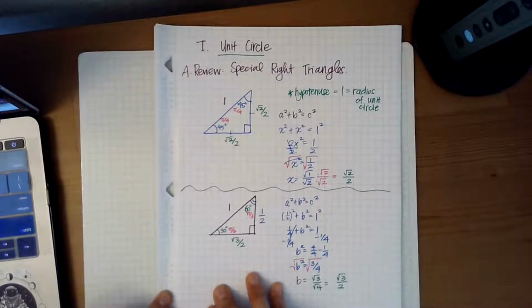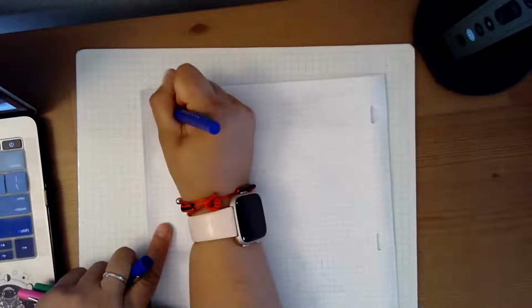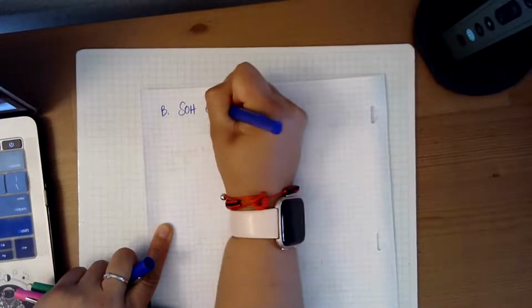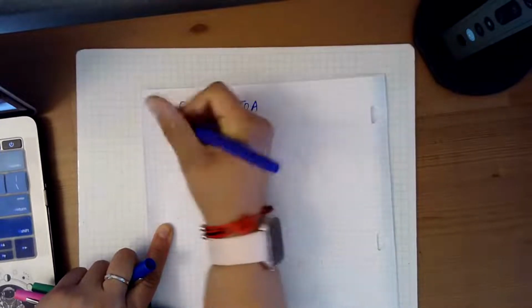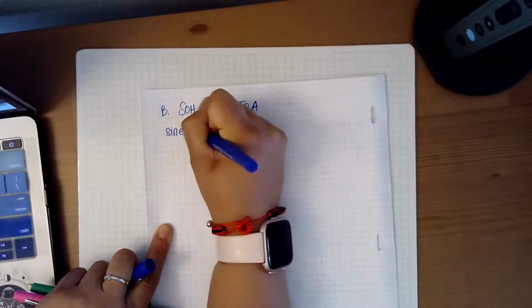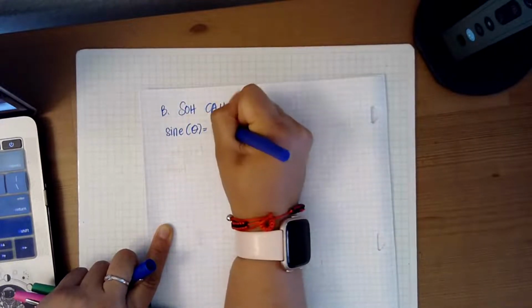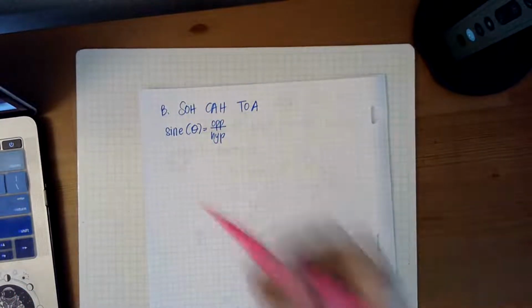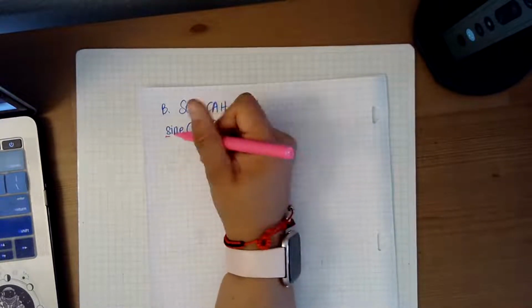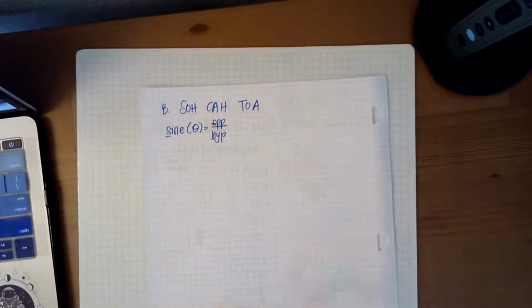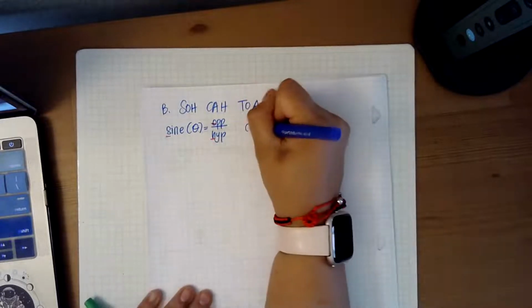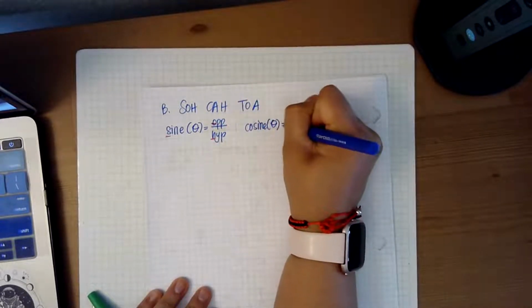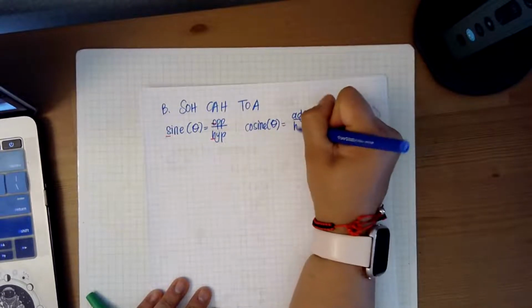Let's go ahead and now do a little quick crash review. Part 2 of my review, Sohcahtoa. Sohcahtoa is actually what tells you what this is. So I'm looking at sine of theta angle is equal to opposite over hypotenuse. Notice that's where you're getting the "so" from. Cosine of whichever theta I'm looking at is going to be adjacent over hypotenuse.